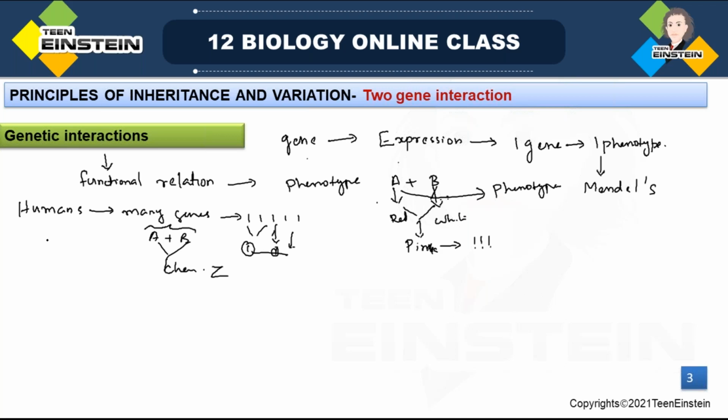So in this case, we can't find a single cause, a single reason, for a particular phenotypic expression, because it is a combined interaction of so many genes, and finally it is producing a product or a phenotypic expression.